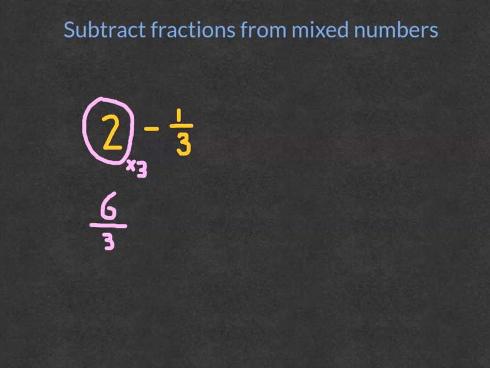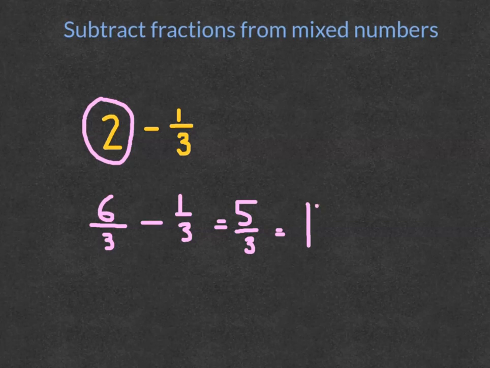So the fraction is 6/3. So 6/3, take away 1/3, easy peasy. That's going to leave us 5 parts of 3. 5 parts of 3, well, that's equal to 1 and 2 parts of 3.